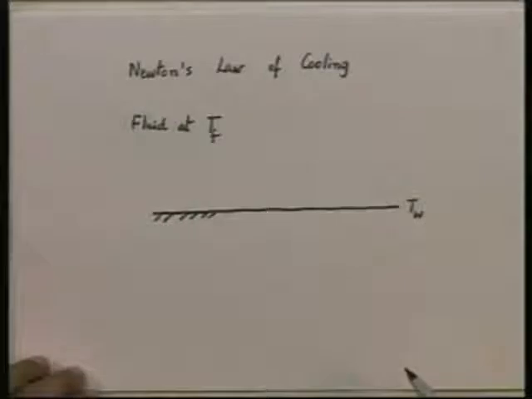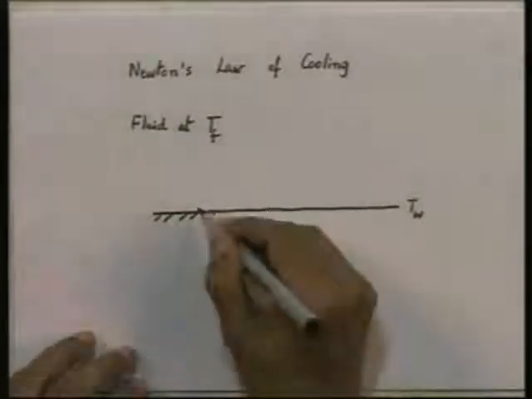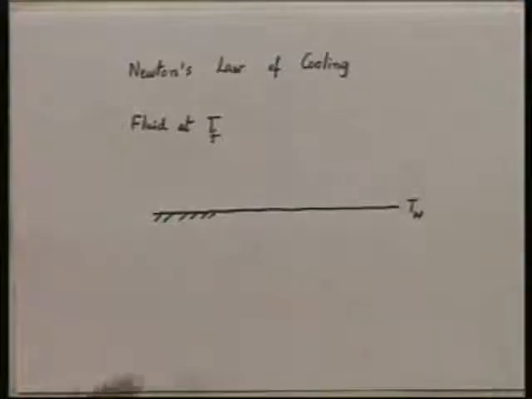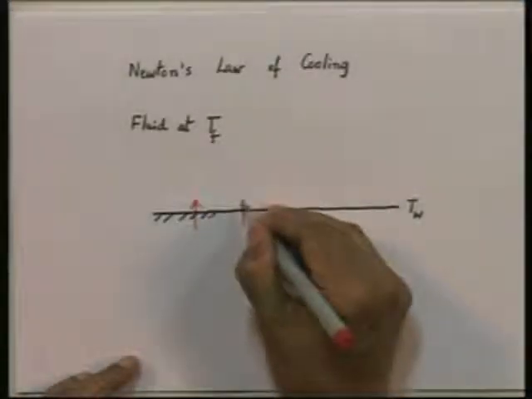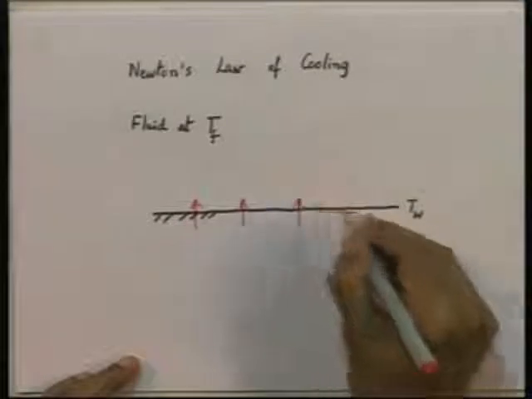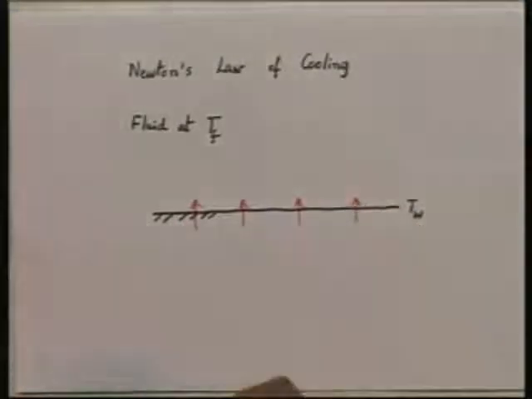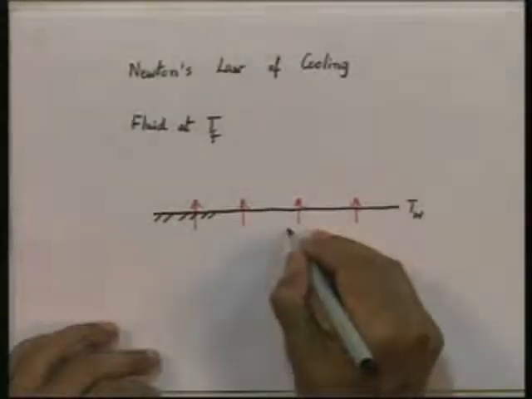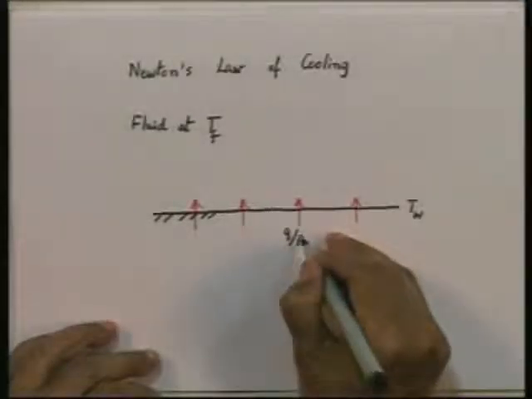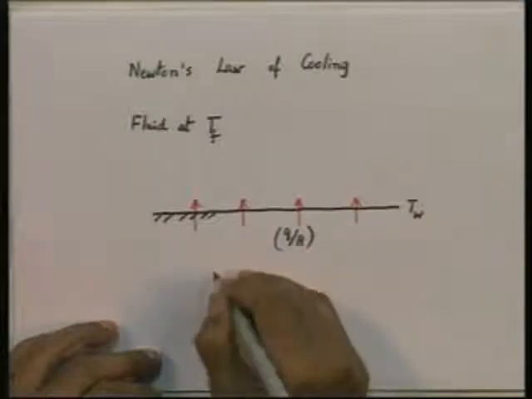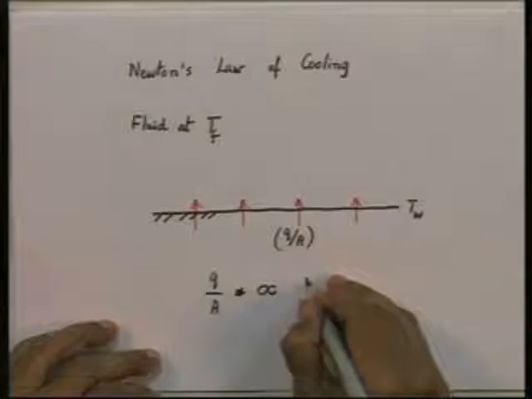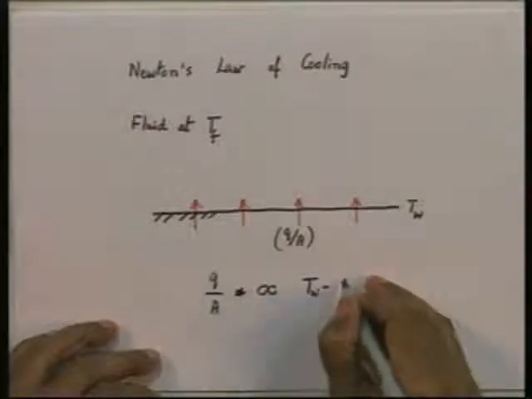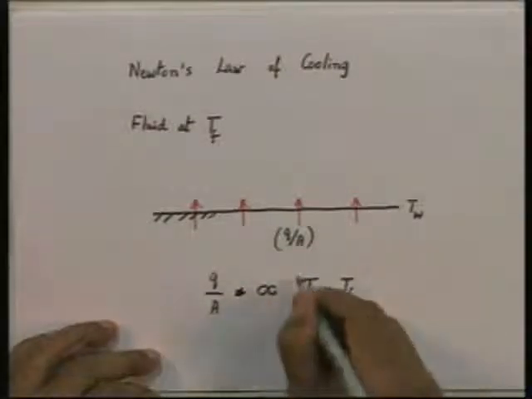Newton's law of cooling states that the heat flux by convection from the wall to the fluid or from the fluid to the wall is proportional to the temperature difference Tw minus Tf. That is the statement of Newton's law.